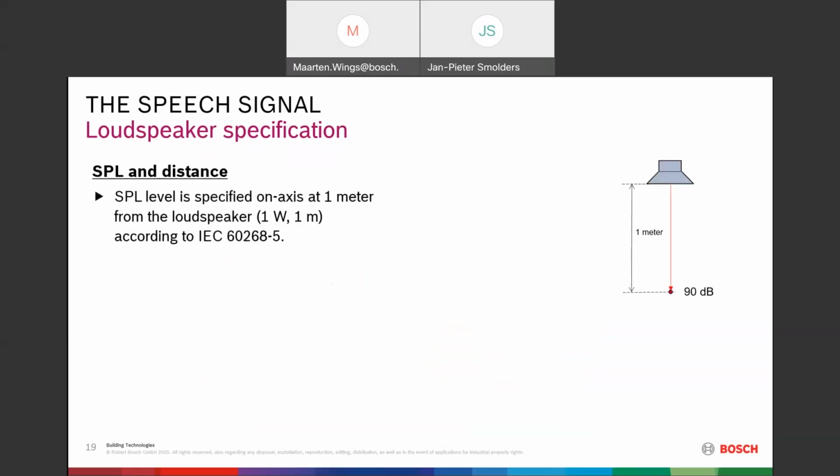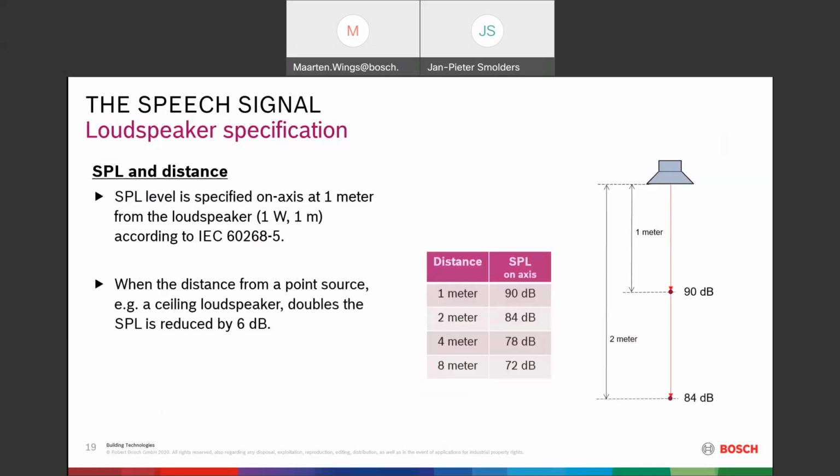One thing we also looked at in the previous webinars: sound pressure level and distance. We know that the sound pressure level is measured at 1 meter. This is specified in the IEC norm 60268-5. The physical consequence of moving away from a loudspeaker is that if you double the distance, the sound pressure level will decrease by 6 dB.